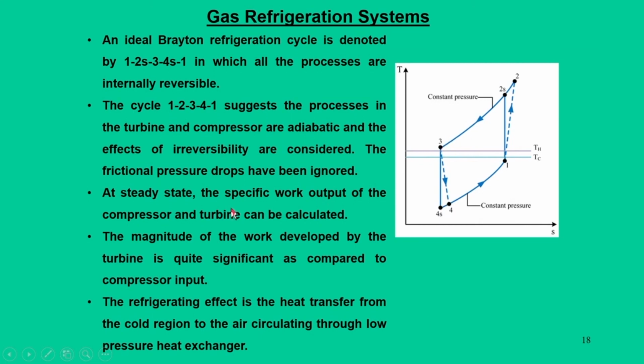And some important features are that at steady state, the specific work output from the compressor and turbine can be calculated. One can also calculate the magnitude of work developed by the turbine, which is quite significant as compared to the compressor input. So, the turbine work is utilized to drive the compressors. And the refrigerating effect is the heat transfer from the cold region to the air circulating through the low pressure heat exchanger.